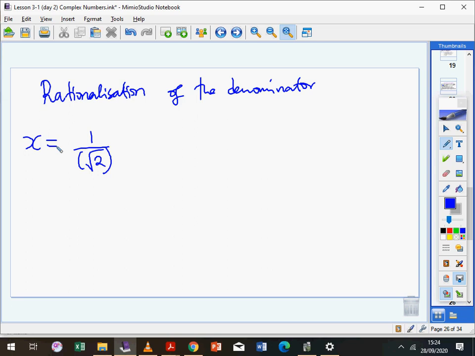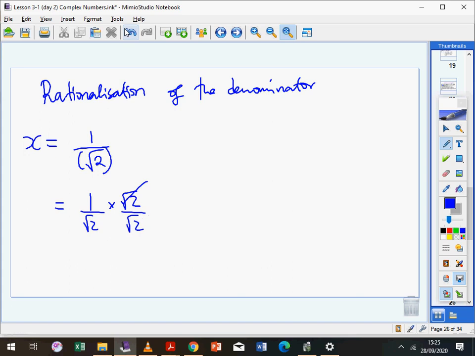So one process that can help to get rid of that is if I multiply by the same thing up and down, because initially it was 1 over root 2, but if I multiply by the same thing up and down, it looks as if I've not changed the meaning of the expression.